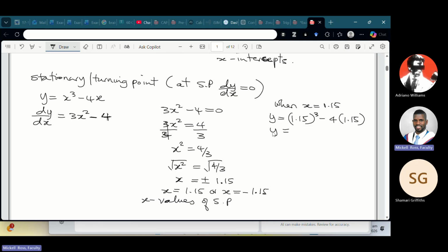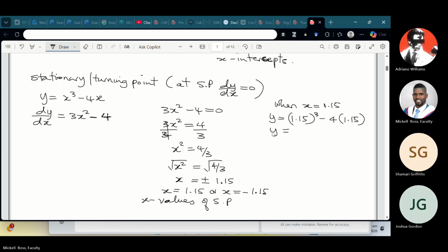So y is equal to negative 3.08. So one of your stationary points is going to be 1.15, negative 3.08.